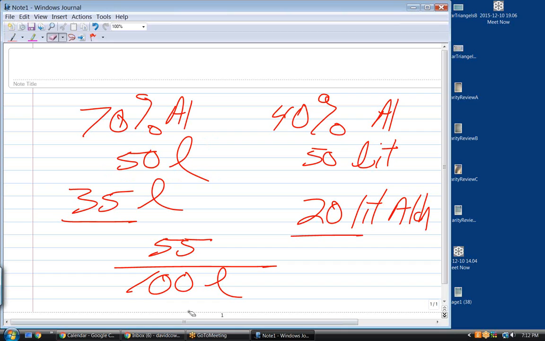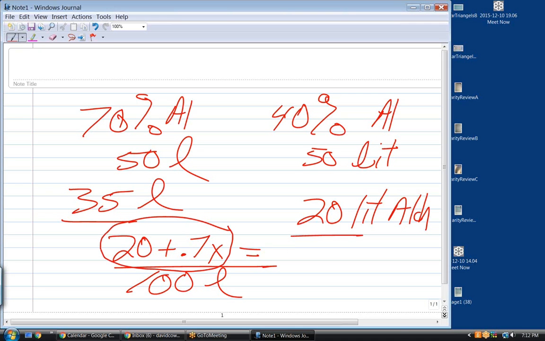Now, let's see how I did that. I did that by taking 20 plus 0.7 times x. That's the amount of alcohol I have. That has to equal 1/2 times the amount of volume of liquid I have, which is 50 plus x.